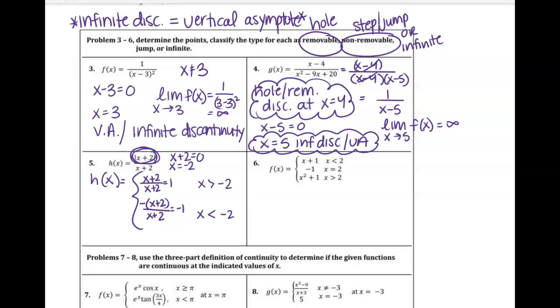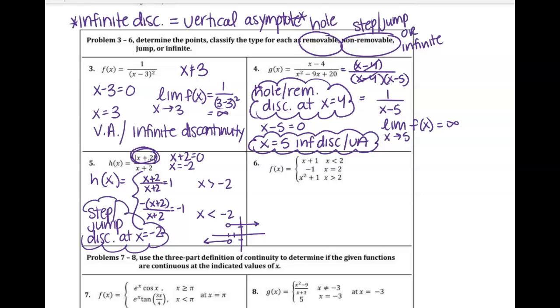In terms of a graph, it'll just look like this. So it switches when x is negative 2. And so when x is greater than negative 2, the value is 1. When x is less than negative 2, the value is negative 1. So it's a step or jump discontinuity at x equals negative 2.